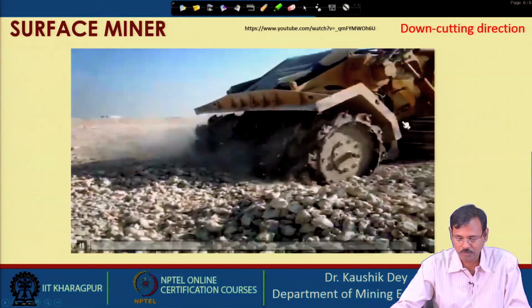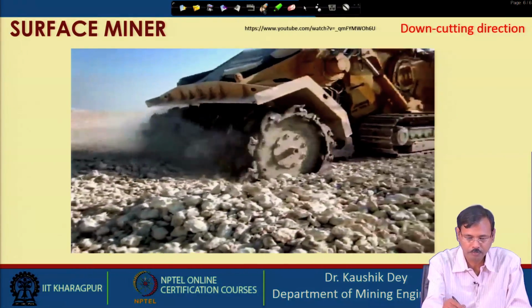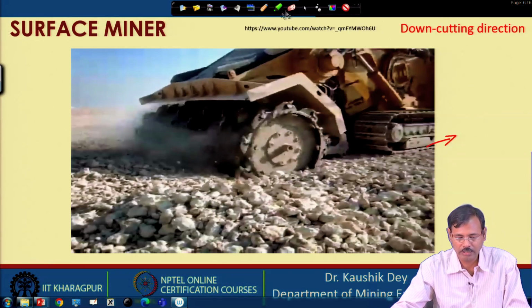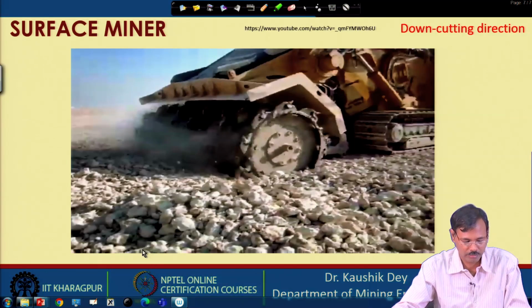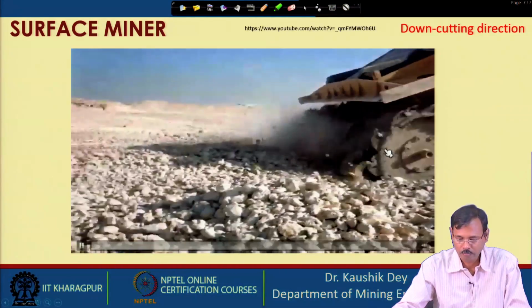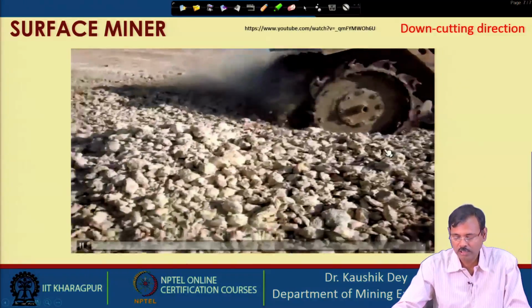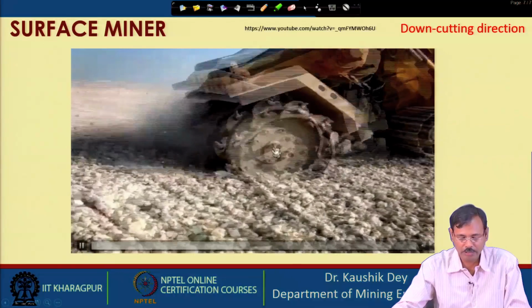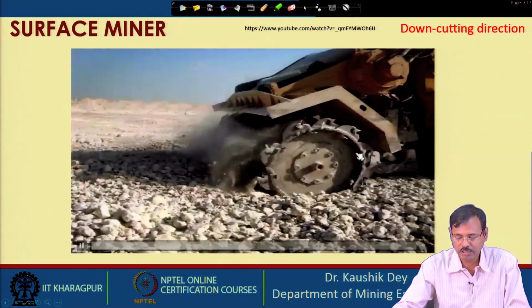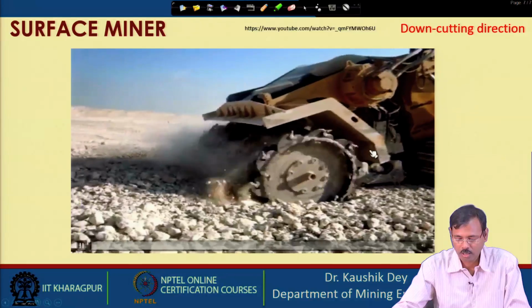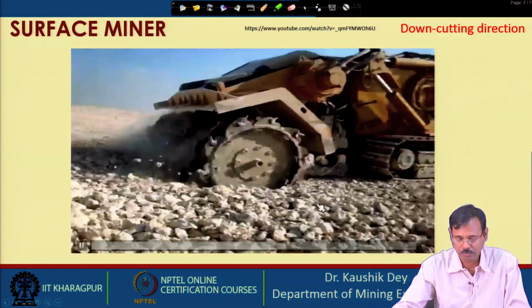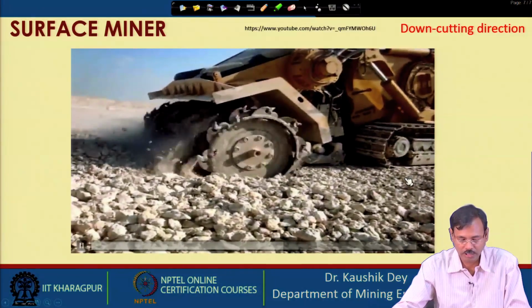The machine is moving in this direction, and material is being cut like this. This is the down cutting direction, and here the cutting drum is placed behind the machine, and this is the depth of cut. You can see up to this the cutting depth is achieved.